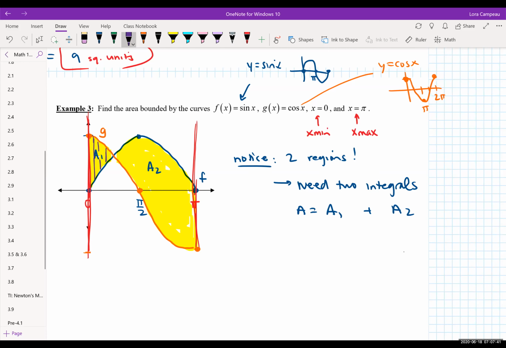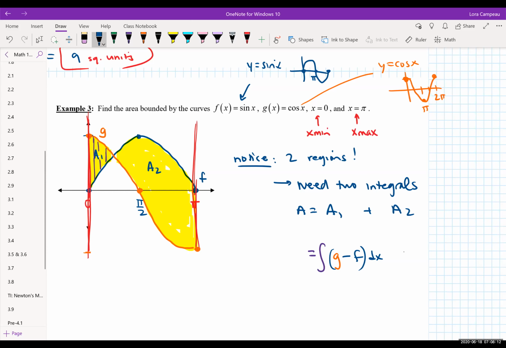So I feel pretty good. I can do the whole top minus bottom for A1. I'll put the limits in a second, but to me it looks like my top curve is g and my bottom curve is f. And I'd be integrating with respect to x because I'm making those vertical rectangles.